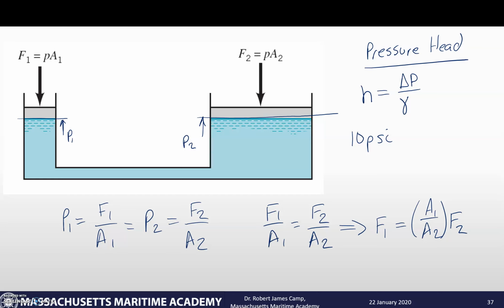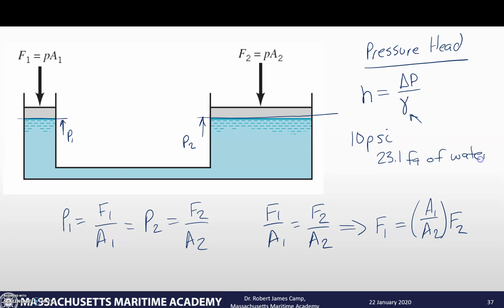So if I wanted to talk about 10 psi different as a pressure head, well, notice that it's talking about the specific weight of a fluid. So we can express it as a linear measurement, because that's what Z1 minus Z2 is. So if I take 10 psi, I plug in, that's my pressure difference, I plug in my specific weight of the fluid, I can say that 10 psi would also be 23.1 feet of water.